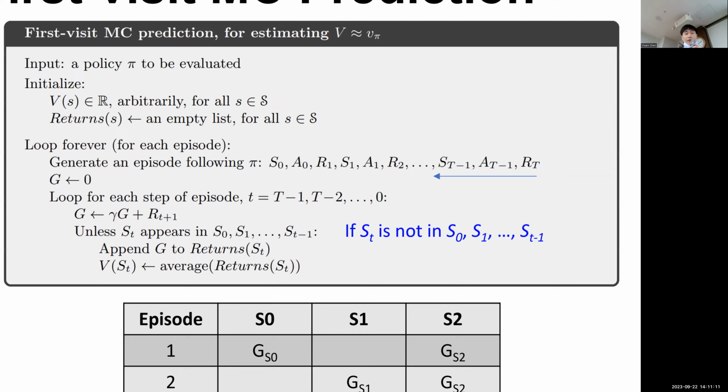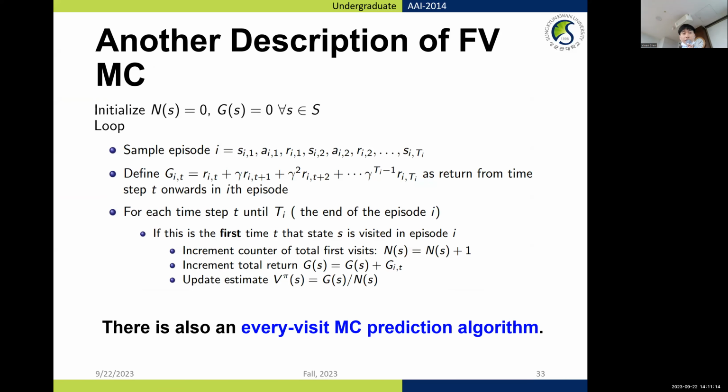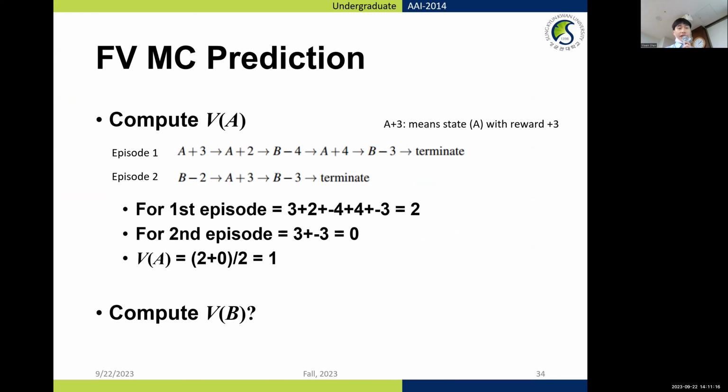Let's use the second example here. Let's compute V(A). Actually there are multiple visits, right?